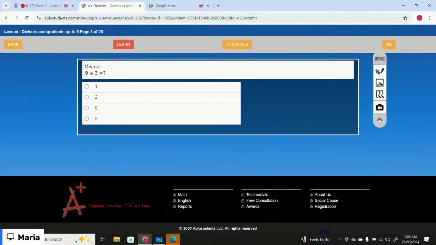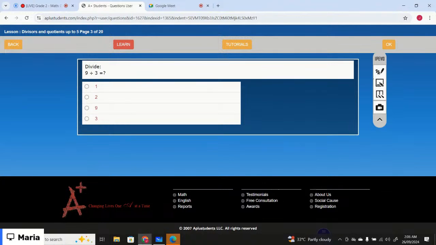The next one is 9 divided by 3. So you need to count a table of 3 until 9.